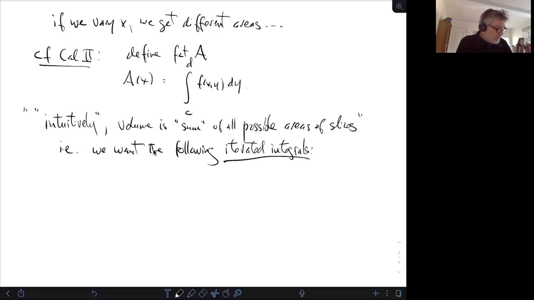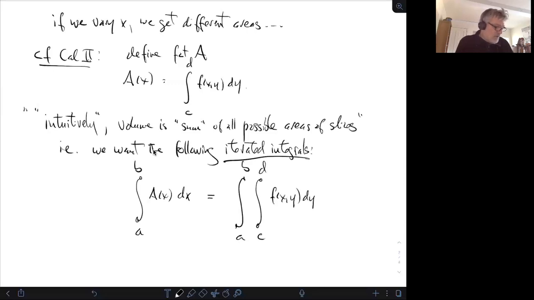So I'm going to integrate. Now x goes from a to b. I'm going to integrate the function A of x, in other words, adding up all these slices. If you look at what this expression is, this is the integral from a to b of the integral from c to d of f of xy dy dx.